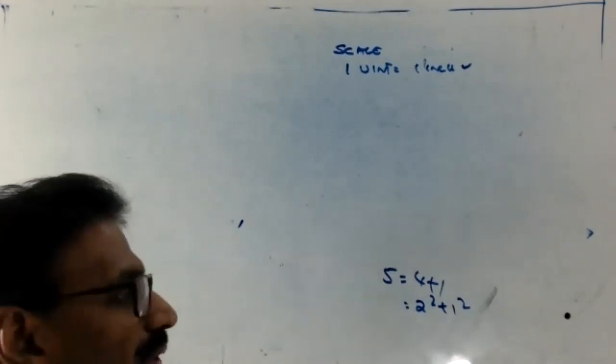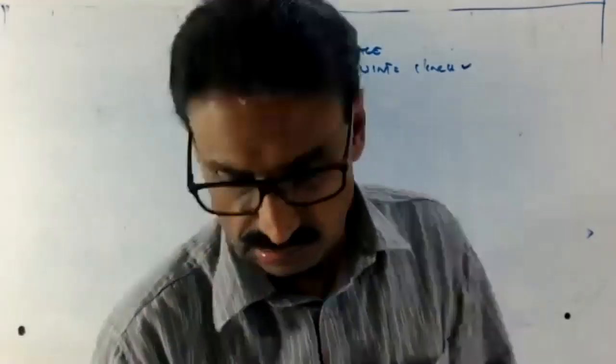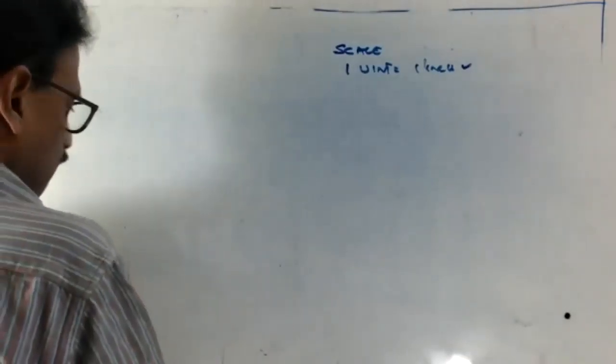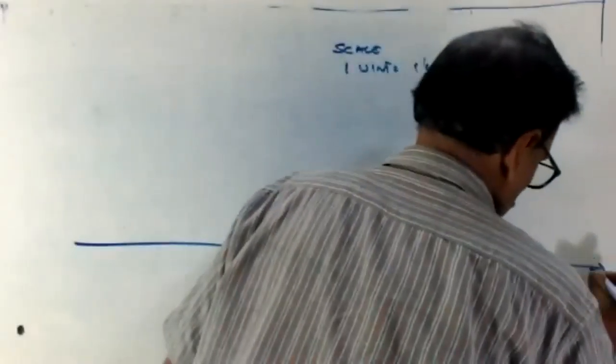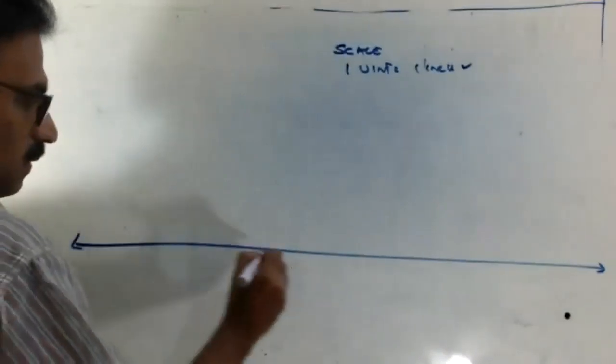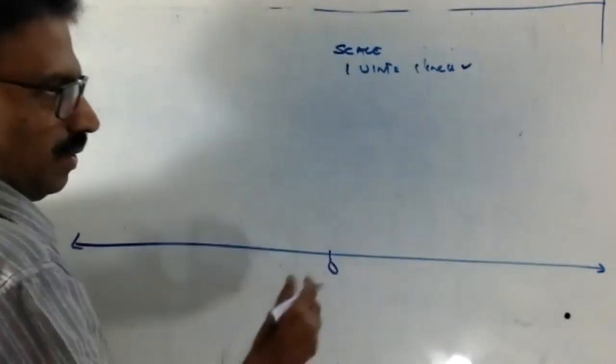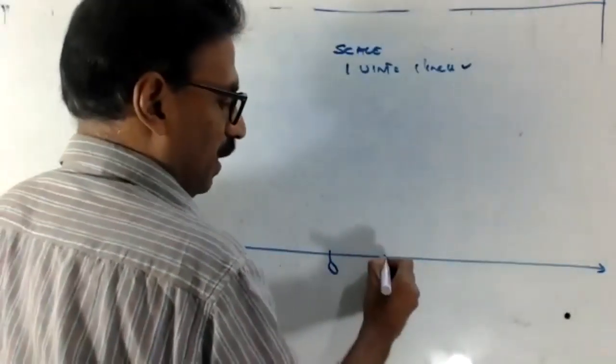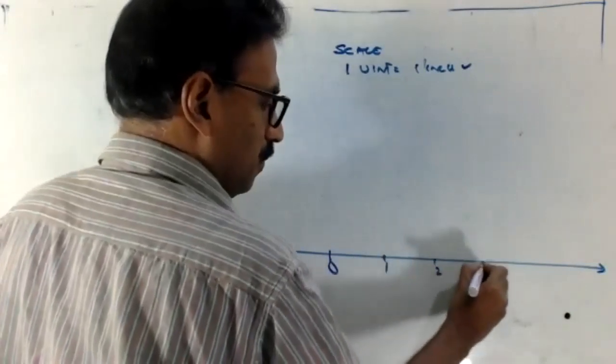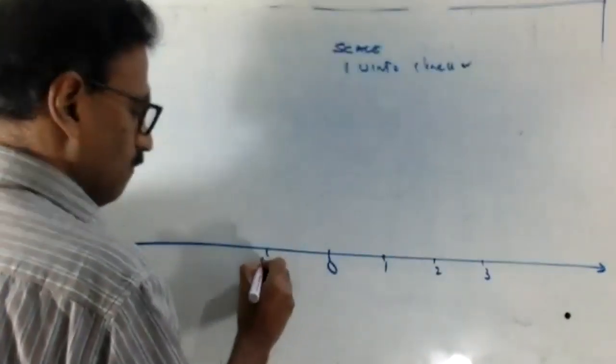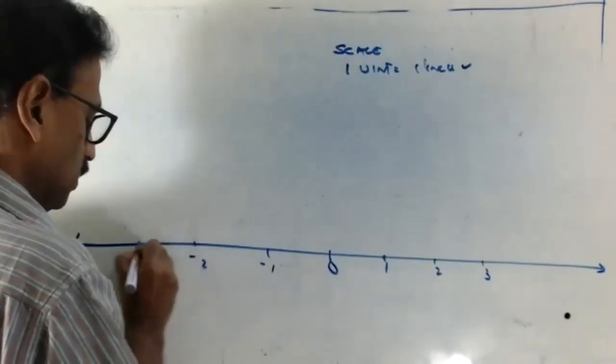Okay. So now after that, look here. Zero here. Our scale is 1 inch. Everywhere 1 inch: 1, 2, 3, -1, -2, -3.